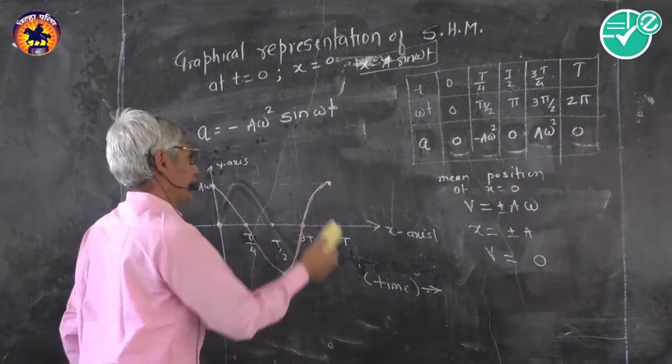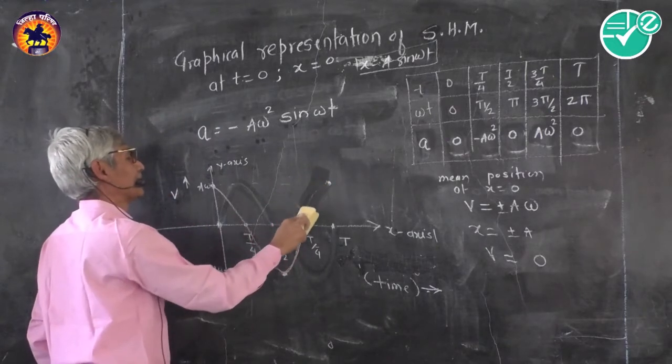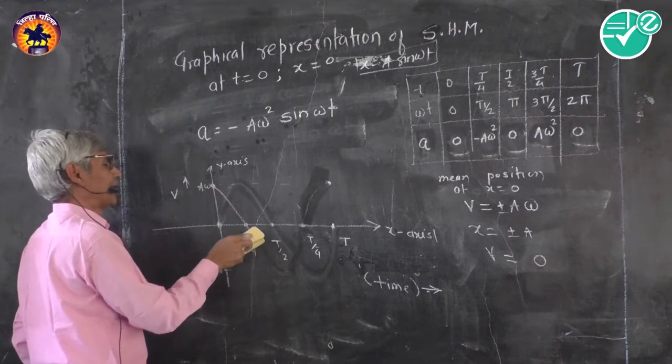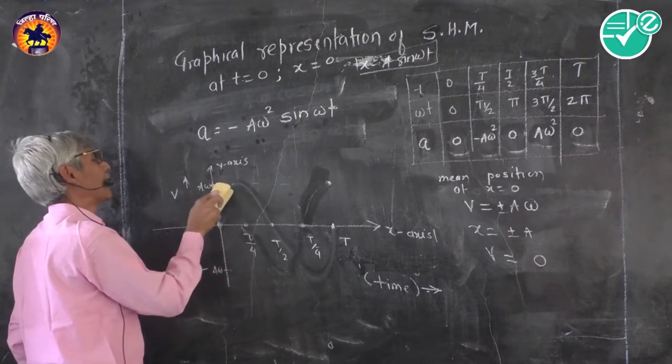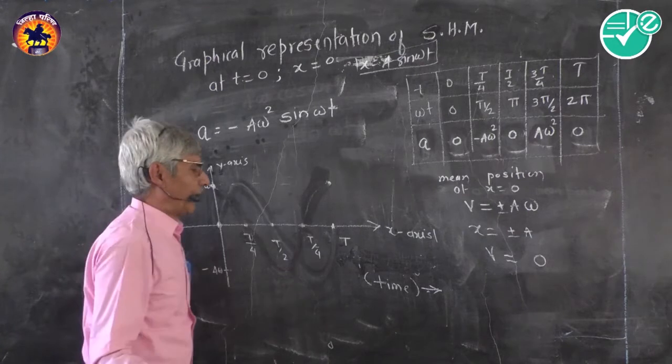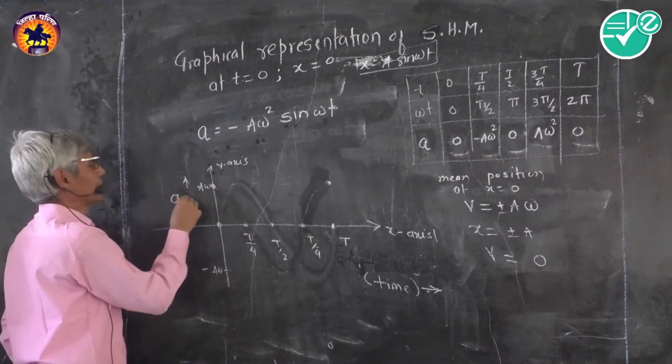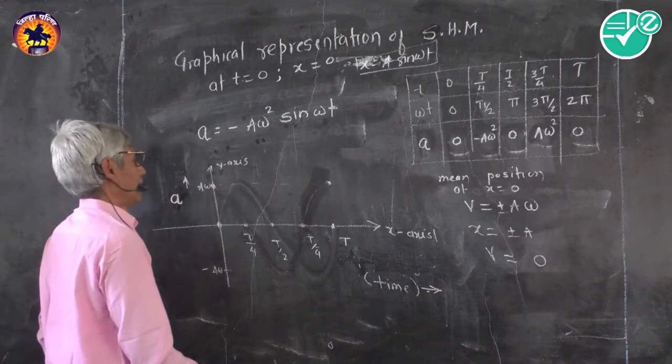So the third graph, which represents the variation of the acceleration with respect to time, can be plotted by taking time along the x-axis and acceleration along the y-axis.